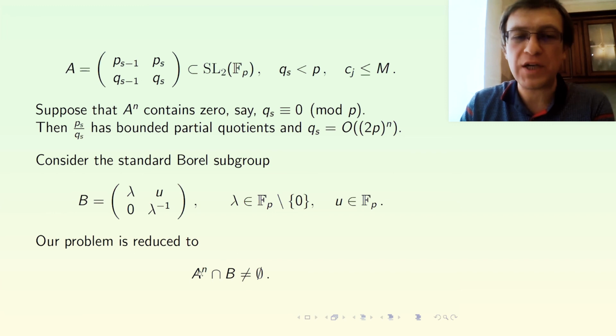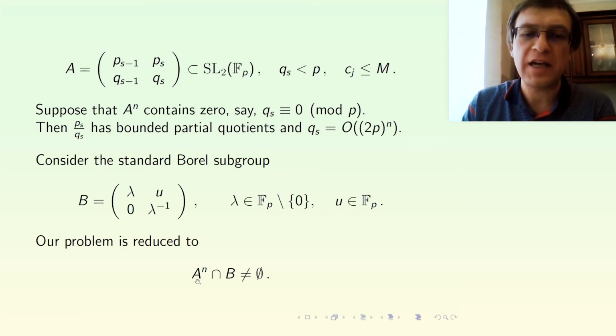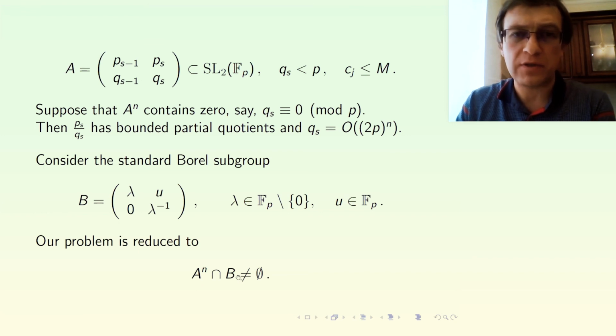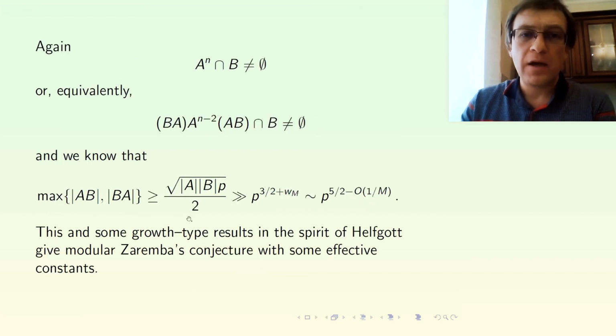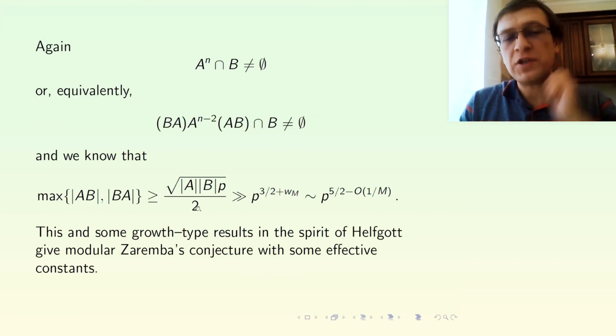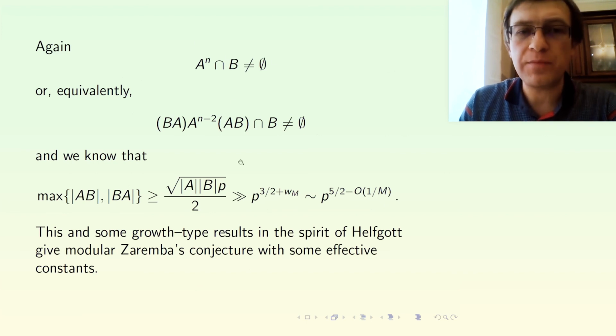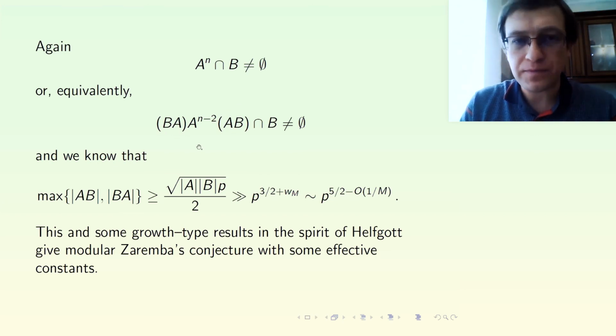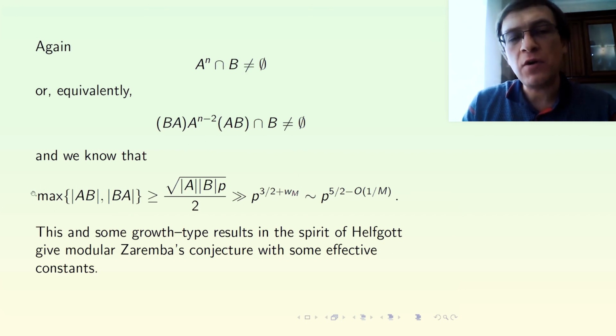So now our question is the following. Can we find A such that A to the N intersects B? It's a purely additive combinatorial problem. The first trick is that this equation can be rewritten in this way. I can multiply B from left to the right, and these two sets appear. We know by our first result that the maximum of these two is large.